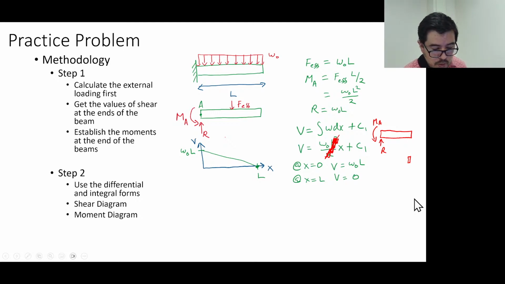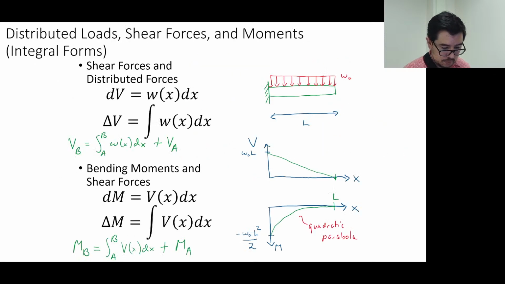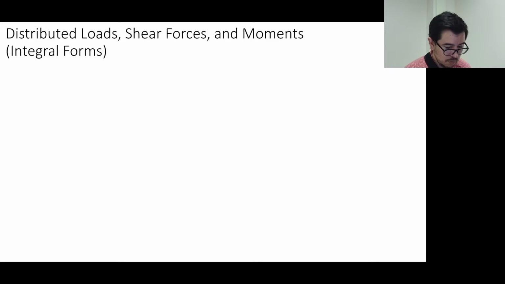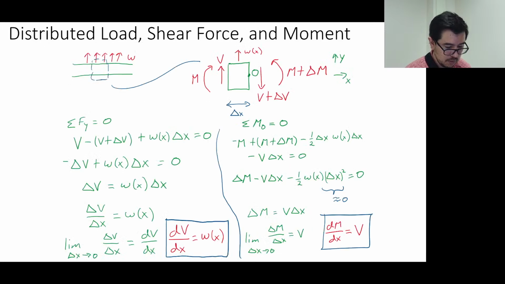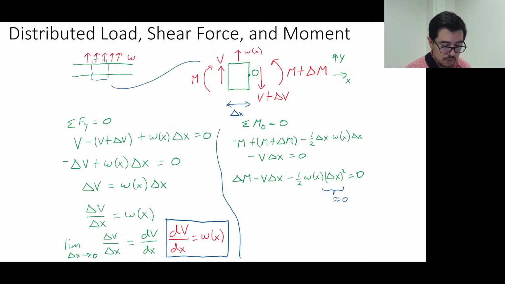So if we use our convention, what is our convention? Coming all the way back here, oh, here it is. On the right side, we have the bending moment counterclockwise and the shear force down. On the left side, we have it up.